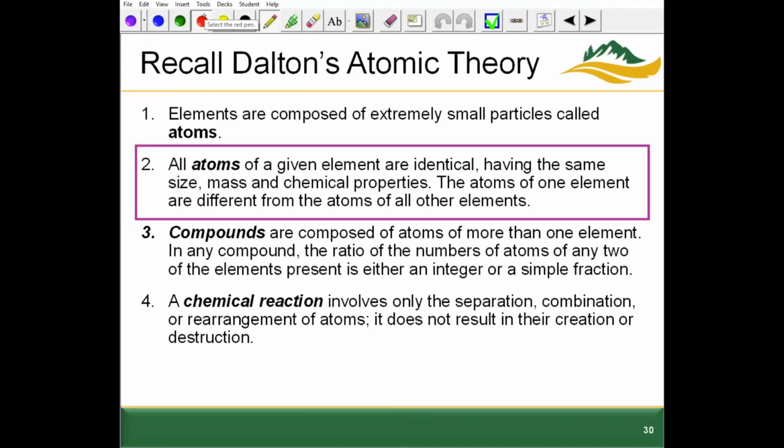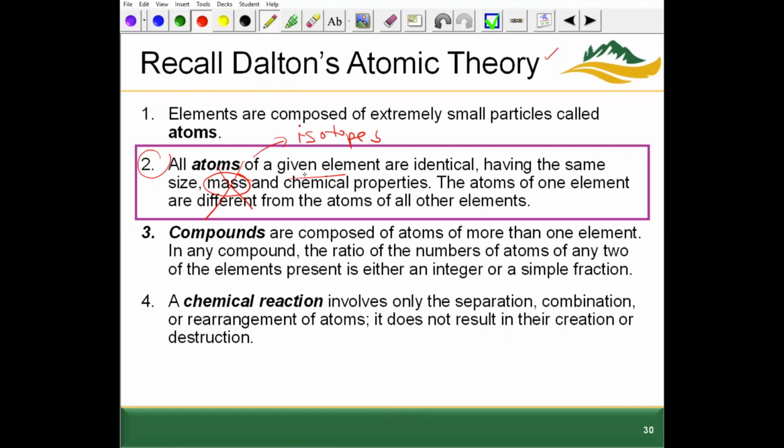Now, Dalton did some amazing things here, but I told you we'd come back to this one because part of this is proven wrong. All atoms of a given element do not always have the same mass. Why is this disproven? Well, everything we just talked about as far as isotopes.